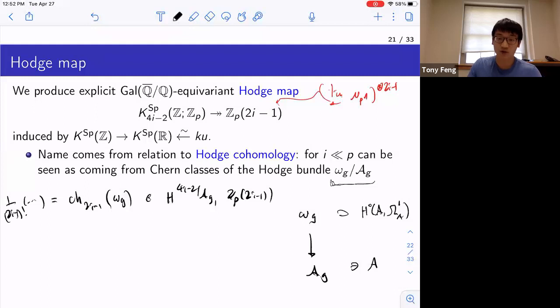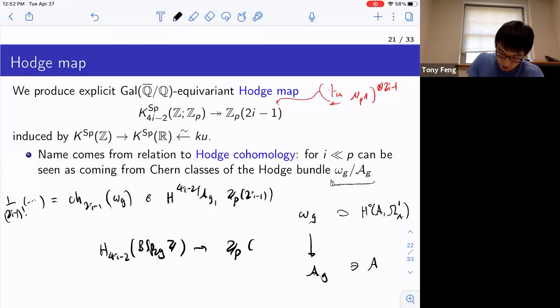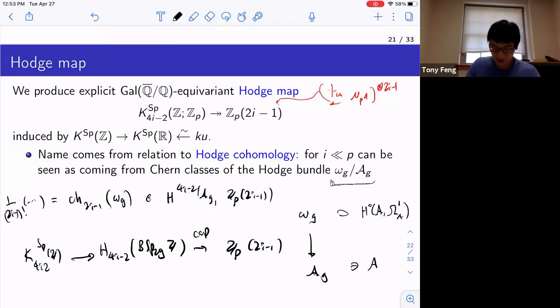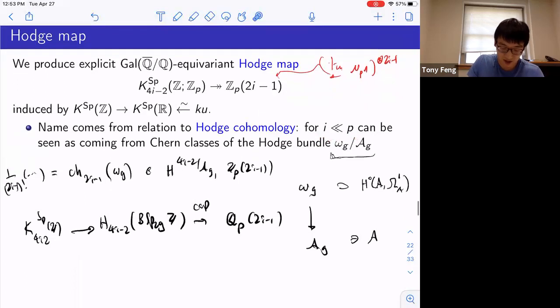But anyway, given cohomology classes, you can certainly get maps out of homology classes by capping with them, and then you have this Hurewicz map from K_{4i-2} to here. And oops, sorry, I said that this was Q_p. When i is small relative to p, of course, you're dividing by a unit, so it's even an integral thing. And then this composite map is the Hodge map.